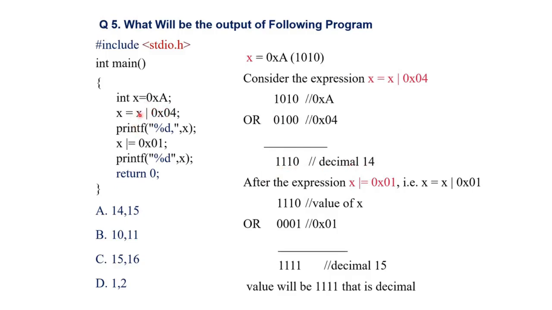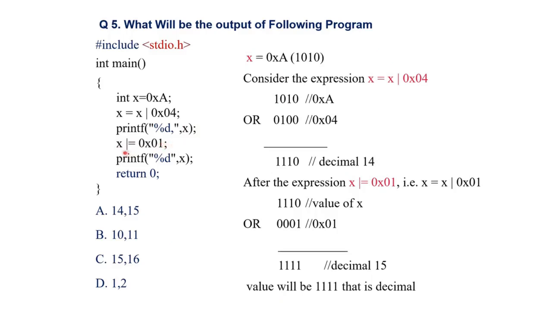So that value will be stored in the variable x, and by the next statement the value of x will be displayed. That means 14 will be displayed with this printf function. So now consider the next statement, that is x |= 0x01.